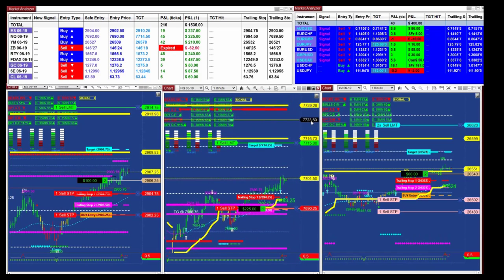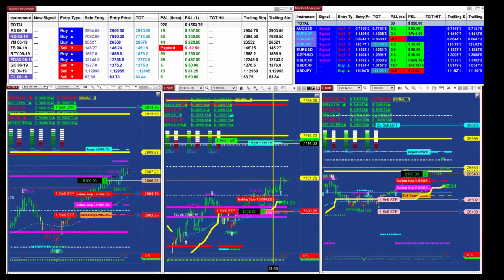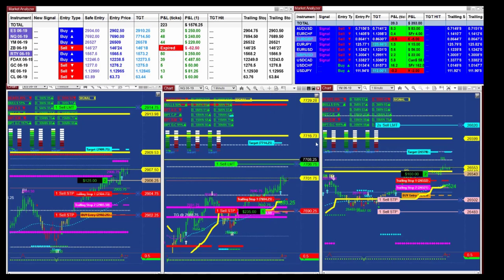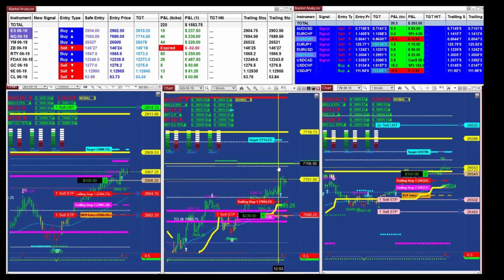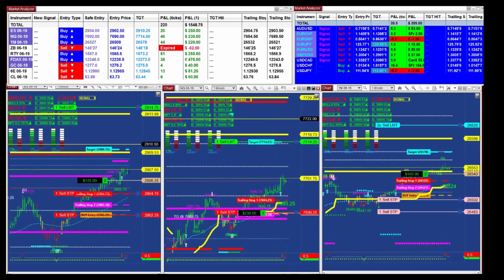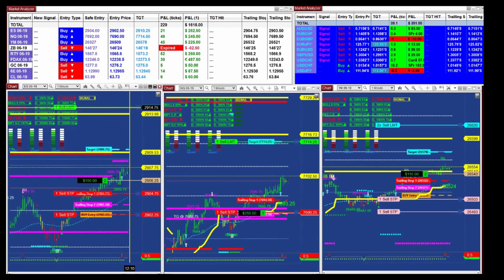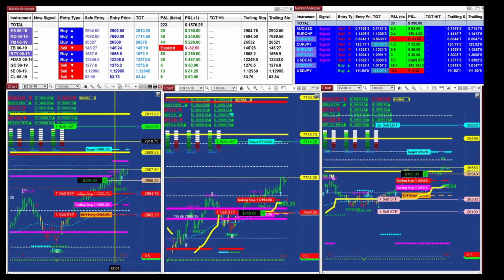One more time to make it clear, if we look at the NASDAQ, I can call it off, or I can put this target right at the fib line, and those lines are very amazing. Or if you think the market is going to extend, you can extend this target.